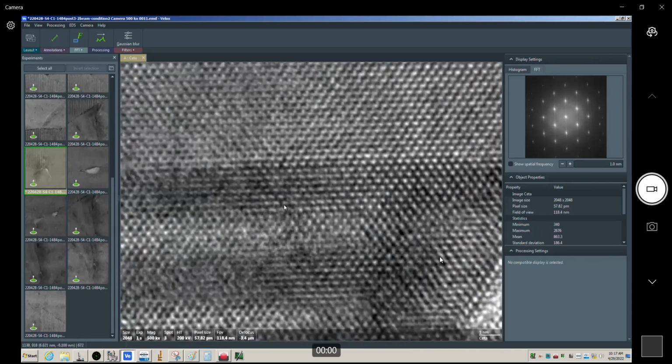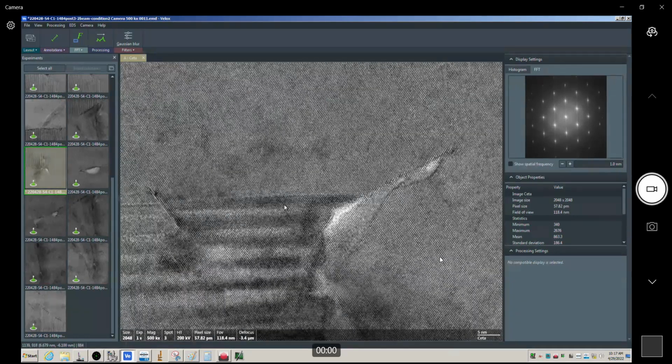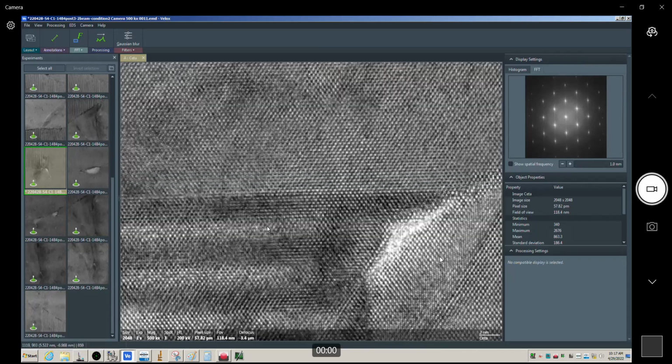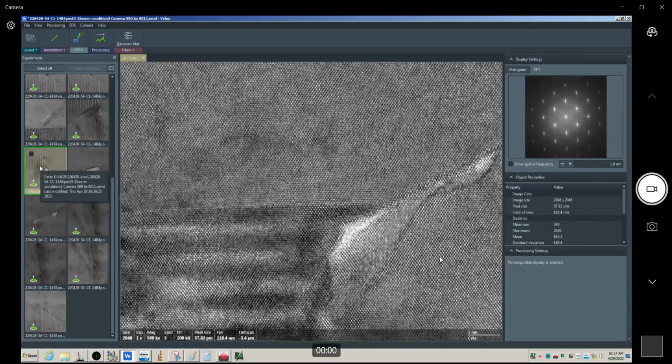So the point though is, if I turn this off, if we look at this image, let me see which one I have here. Oh, this one, there we go. Okay, 11.